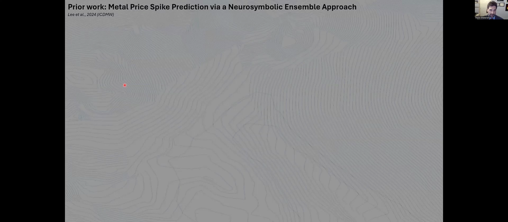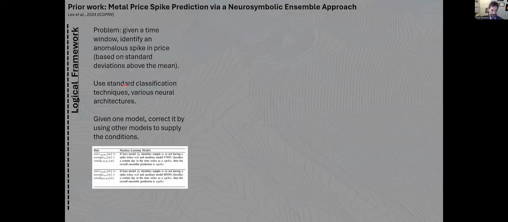Later in 2024, we had another paper, an ICDM workshop paper on metal price spike prediction. Here the idea was, we have a problem where we're trying to predict, based on time series data, whether in the next time period the price of the metal is going to spike, meaning it will be a certain number of standard deviations above the moving average.